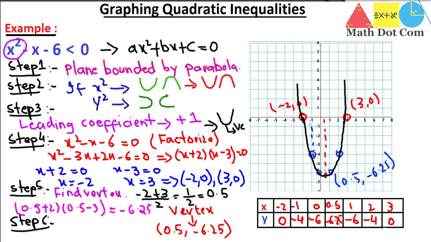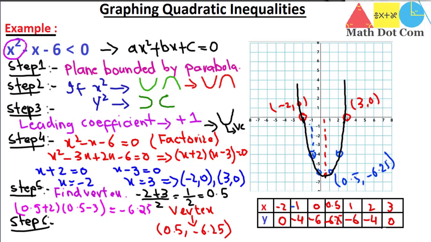in the given inequality. Now keep this in mind that I have made the parabola line a solid line, but in actual it will not be like this, because in the example we did not have the equality sign, we only have the less than sign.